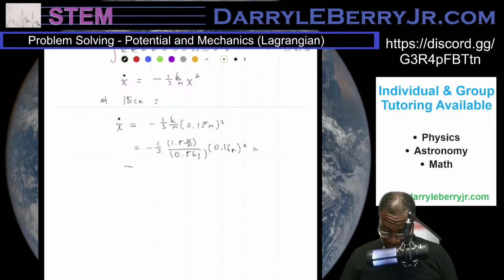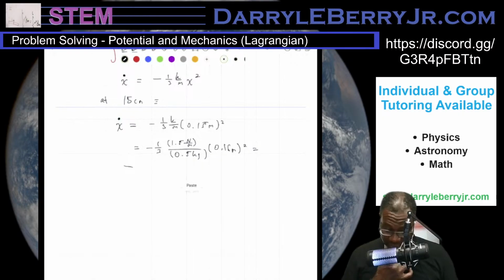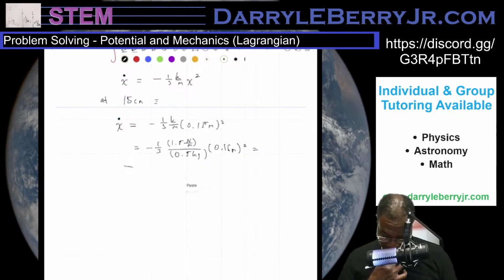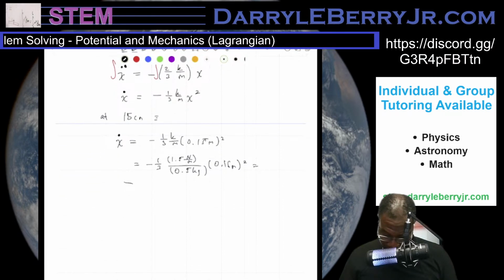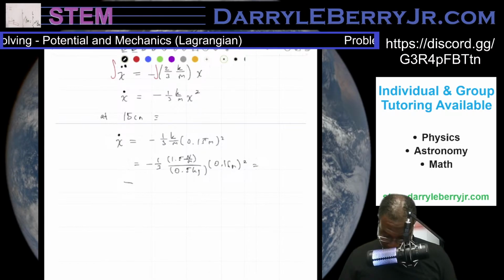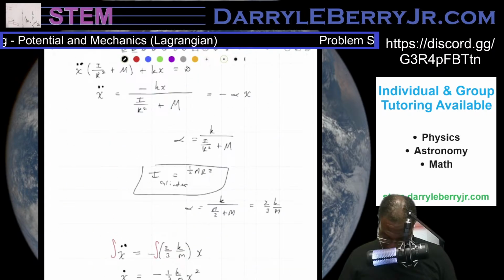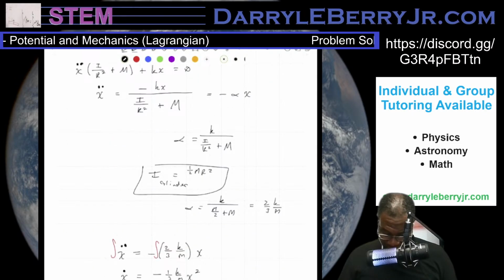Kilograms over second squared. 1/2 squared. That's meters squared over second squared. I made some mistake somewhere.